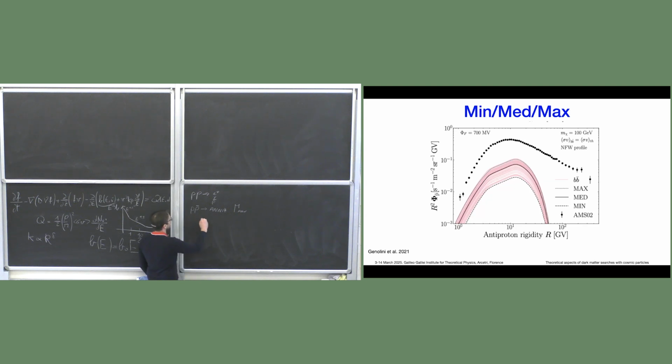And then you have non-annihilating processes. Okay? And these are more similar to this process, proton-proton producing other particles. The rest is quite similar. So here you just have to include also the nuclear cross-sections. And you can safely neglect the energy losses.